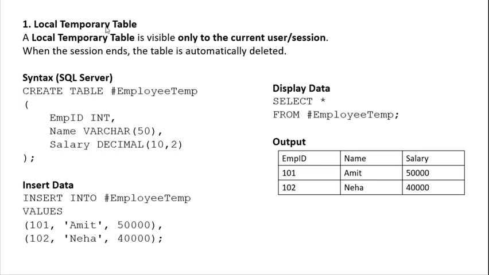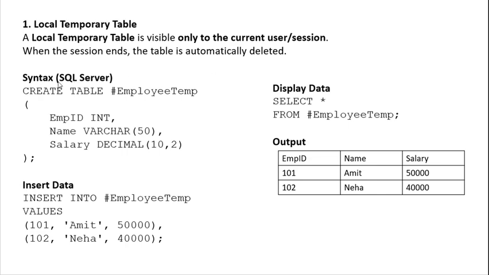First, the local temporary table. A local temporary table is visible only to the current user session, and when the session ends, the table is automatically deleted.